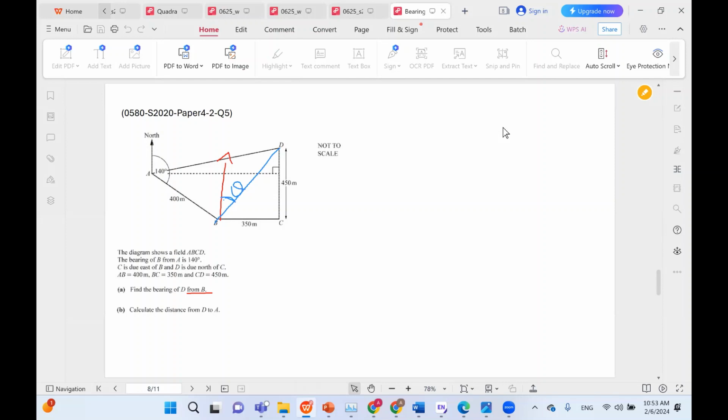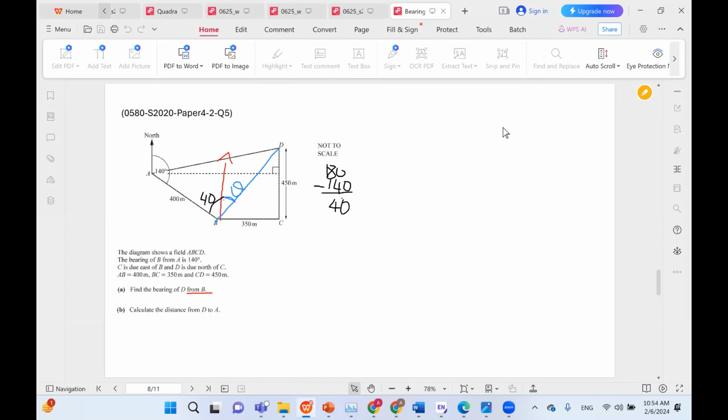How can we get that? Similar to the logic that we applied in the last problem, first we begin by getting this angle over here. This angle is simply 40 because it's 180 minus 140 owing to co-interior angles. So this angle here would be 40.